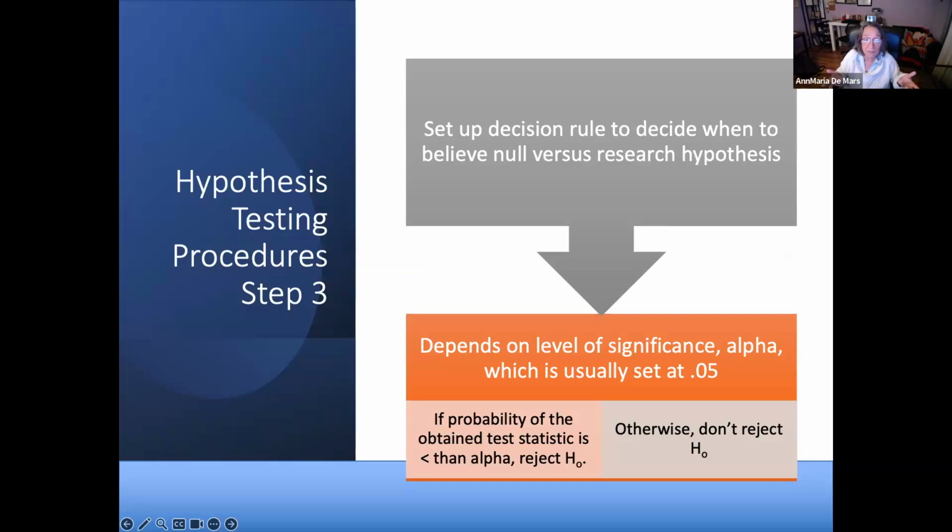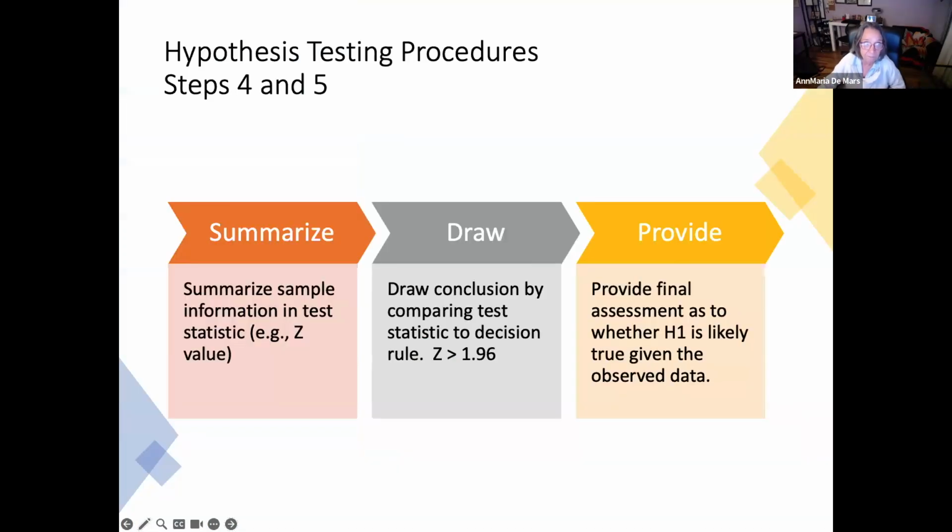That's going to depend on the level of significance, alpha, which is usually set at 0.05. If the probability of getting the obtained test statistic, say the mean you got for your sample, is less than alpha, say less than 0.05, you reject the null hypothesis. Otherwise, you don't reject the null hypothesis.